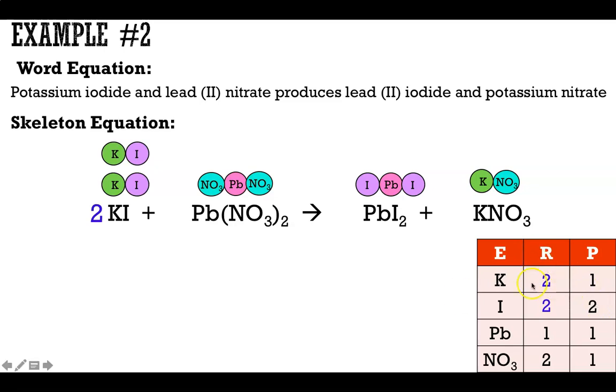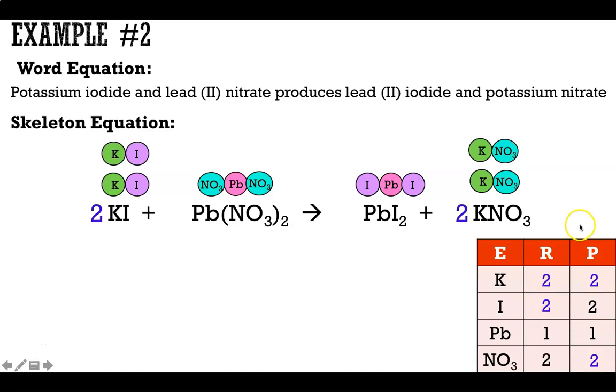So my potassium has become 2 as well. So now I want to fix that because that's no longer balanced. So I'm going to go to the product side where I see potassium, and I'm going to write a 2 in front of there. So that will change my chart to look like that, but it also changed my amount of nitrates there to a 2 as well.